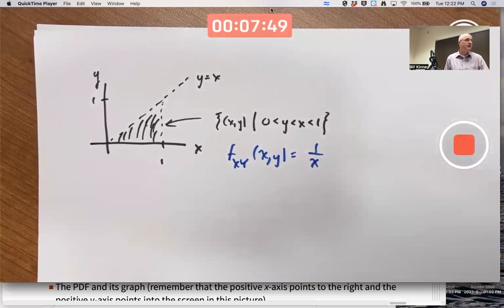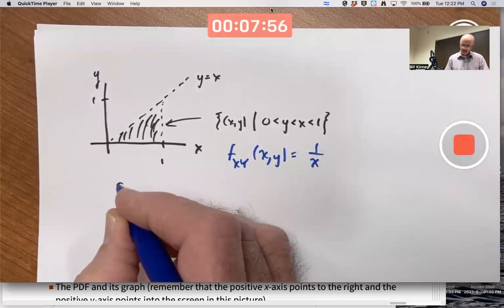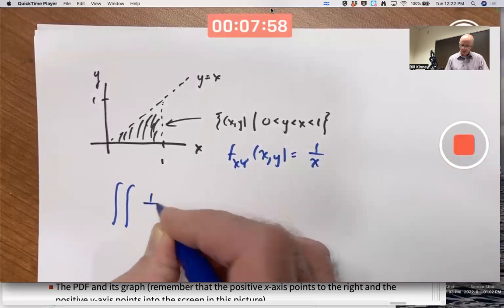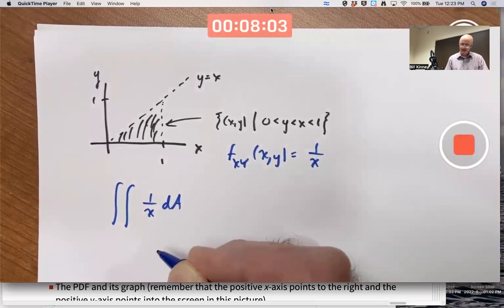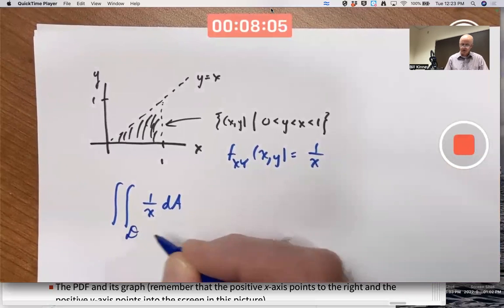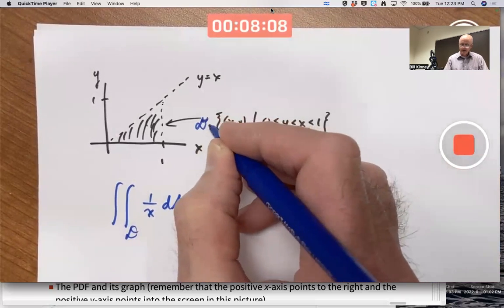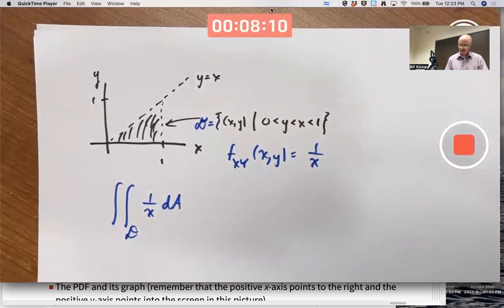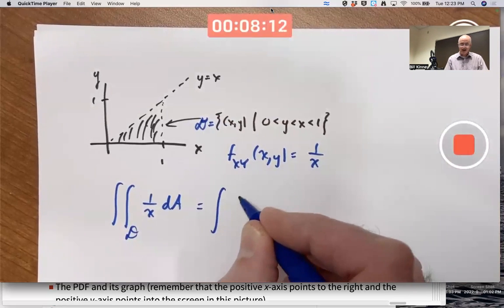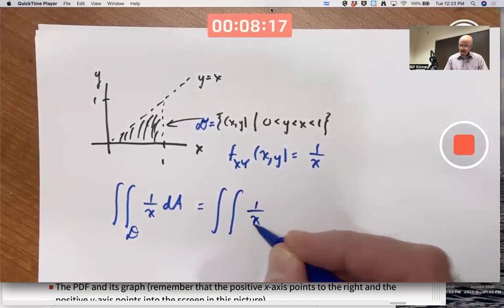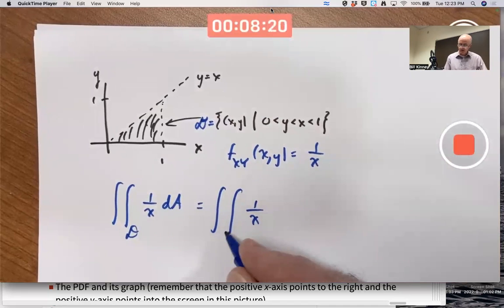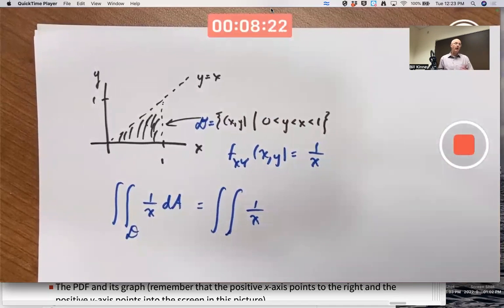To verify that, we'd have to integrate it and confirm that it integrates to 1. Integrate this function, 1 over x, with respect to an area element is the way to write it in the abstract, over this domain, called the domain D. But to do that integral, you have to do it as an iterated integral, either with respect to x in the inner integral, and then with respect to y, or vice versa.